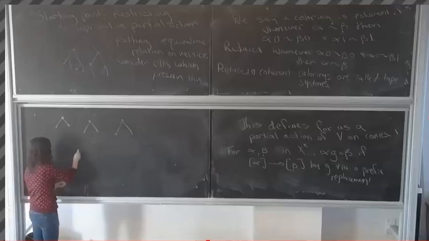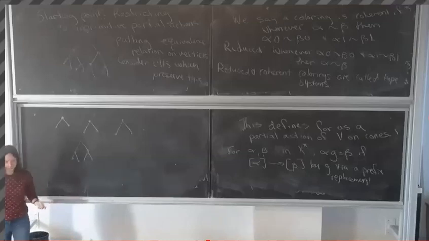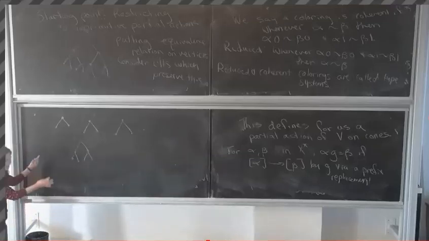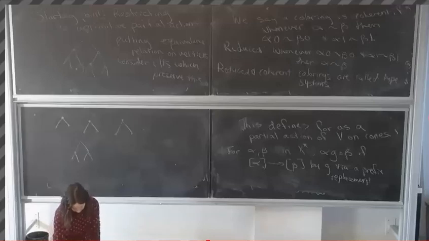At my first level, I see red and green, and then below green I see red, and below red I see red and green. We know what happens below green and below red, and this lets us fill out the whole tree here.